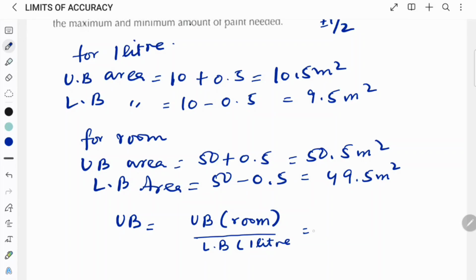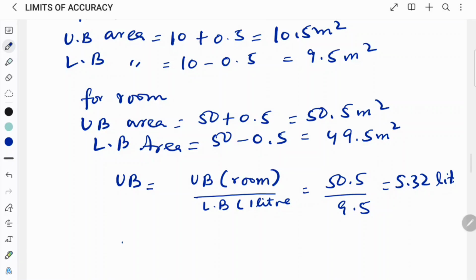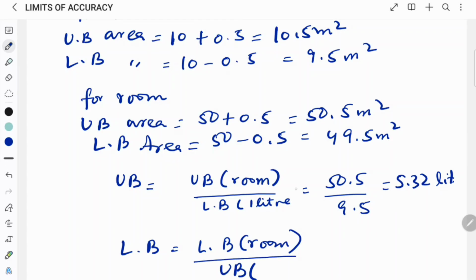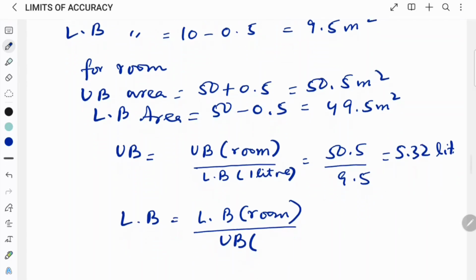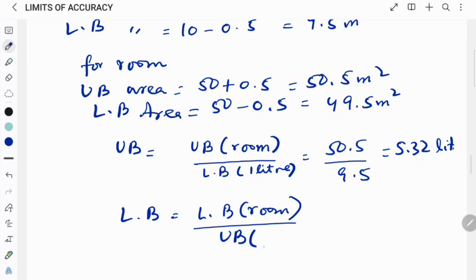So that is 50.5 divided by 9.5, and you will get 5.32 liters, corrected to 3 significant figures. And for the lower bound, you take the lower bound of the room divided by the upper bound. I've explained why you take such lower and upper bounds in division questions.